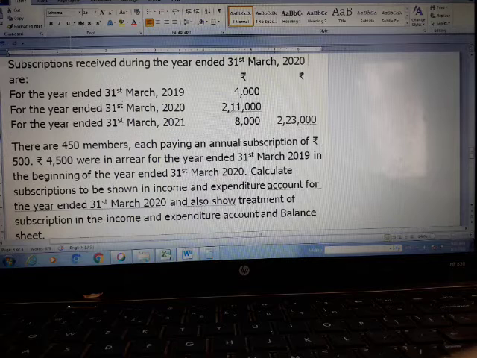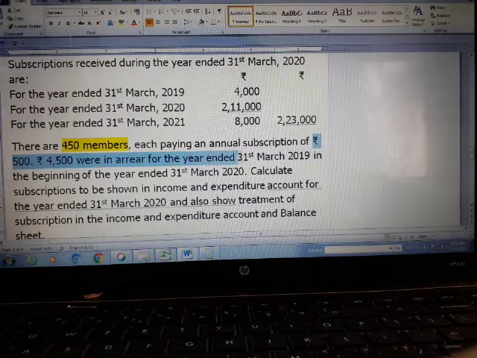Now, the information given below is that there are 450 members, which means in this particular club there are 450 members, each paying an annual subscription of rupees 500. That means one person is paying 500 rupees as subscription. So how much will they get as total subscription?